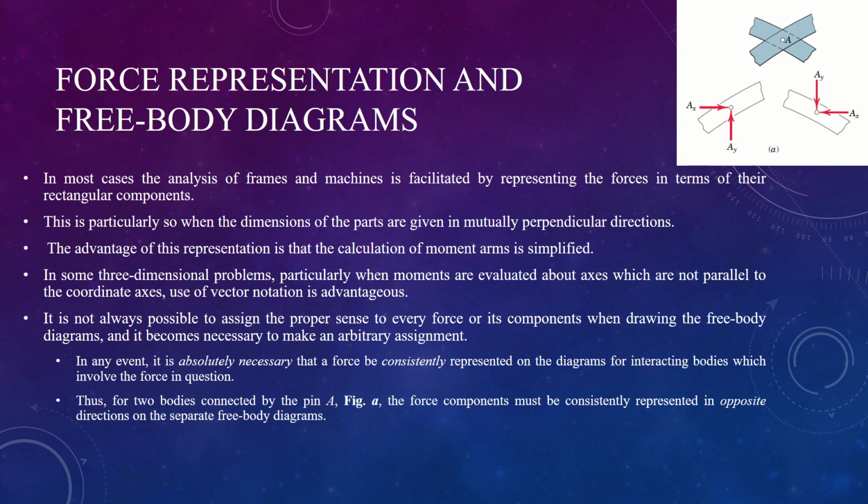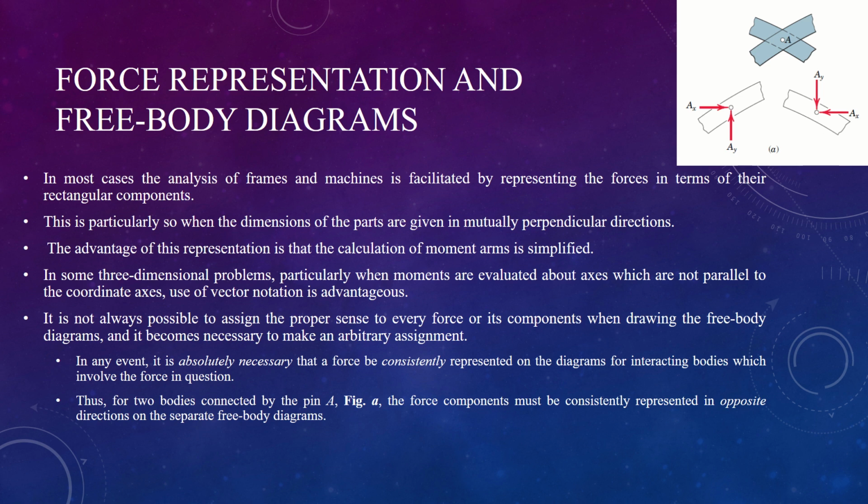The advantage of this representation is that the calculation of moment arms is simplified. In some three-dimensional problems, particularly when moments are evaluated about axes which are not parallel to the coordinate axes, we use vector notation to advantage.